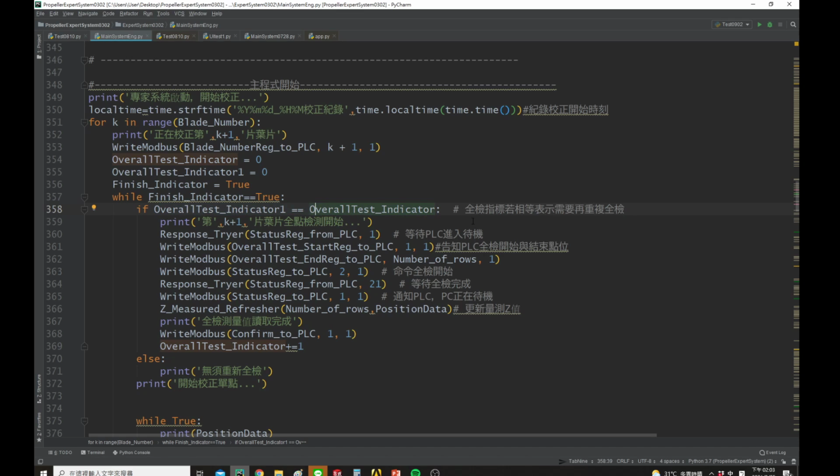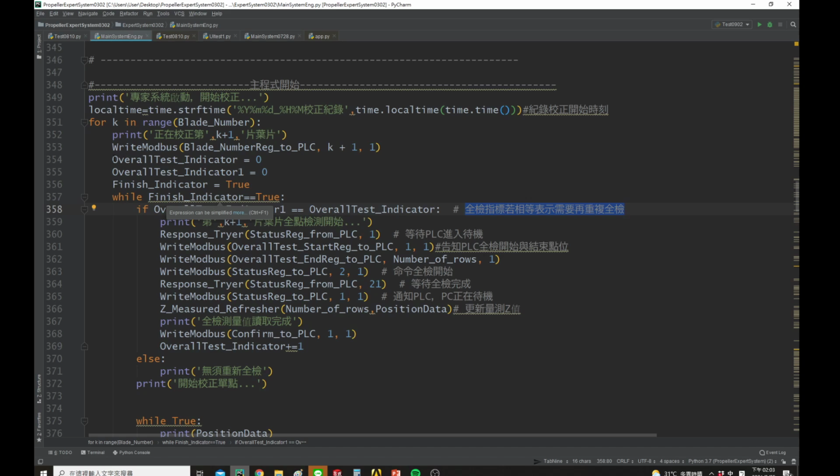In this discrimination, it says if overall test indicator 1 equals overall test indicator, that means it needs to be overall tested again. If the two numbers are not equal, that means in the previous loop it hasn't been tuned, so we don't have to do the overall test again.